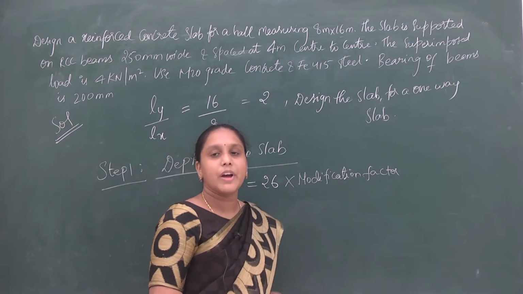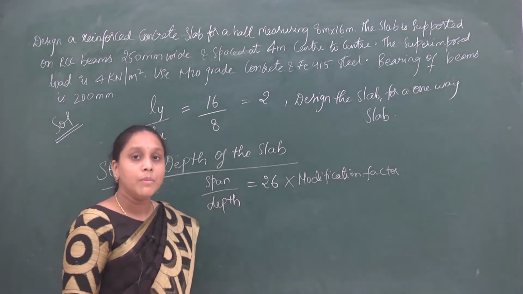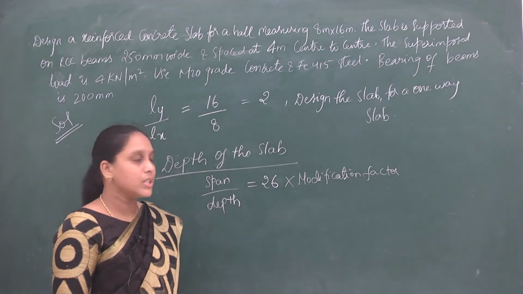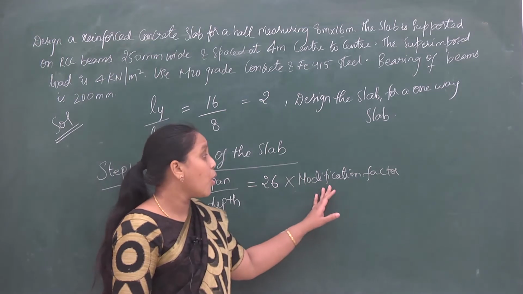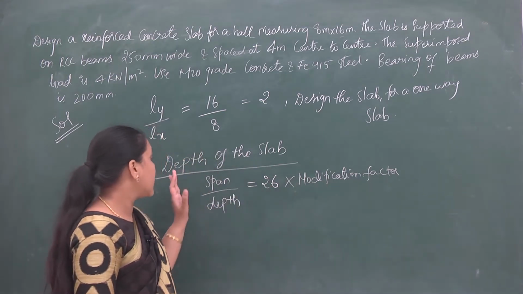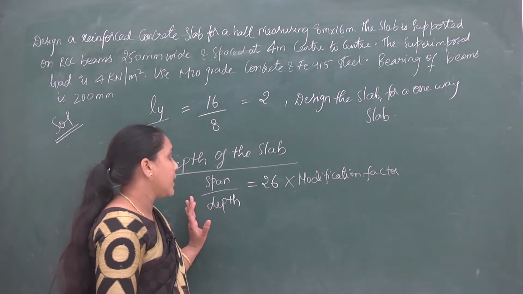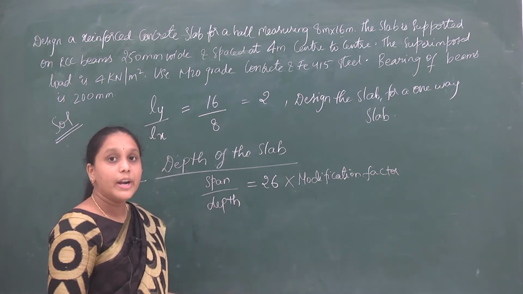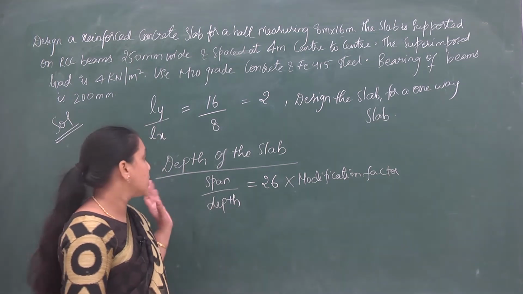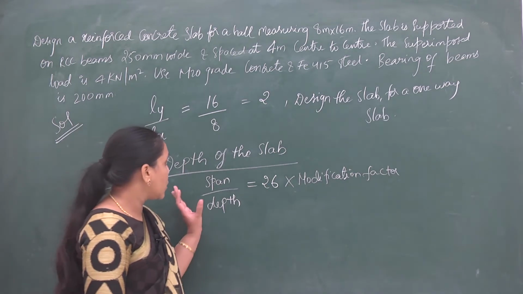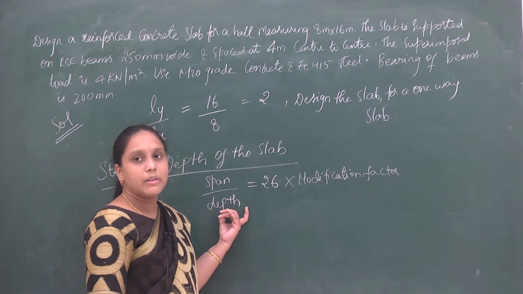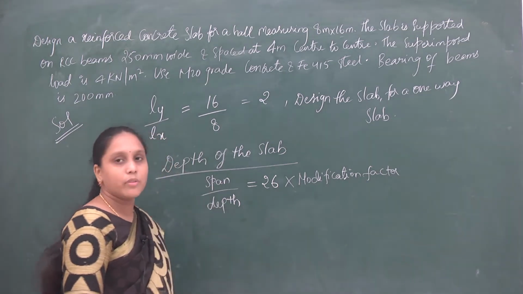This modification factor we can find out from figure 4 of IS 456-2000. With the help of this modification factor, the basic value of the span by depth ratio can be modified, and that can be used in calculating the depth of the slab. If you want, you can also use the basic value for finding out the depth of the slab.